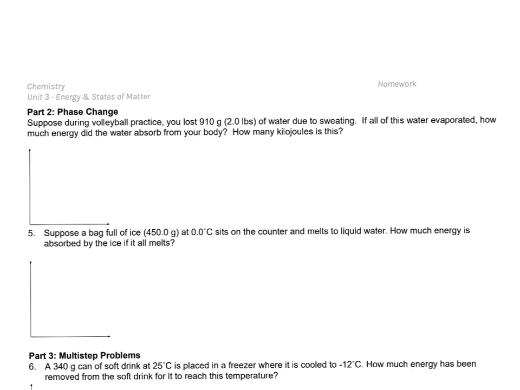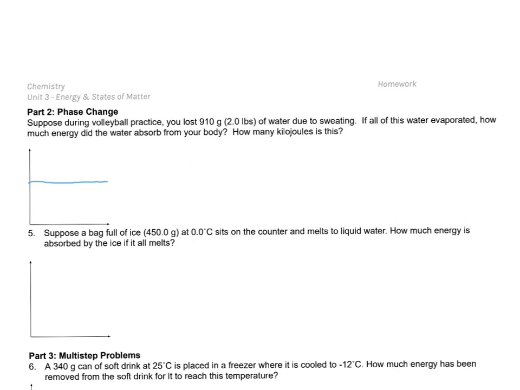Okay, so on the back in part 2, these are phase change problems. They're going to use our Q equals MH equation. And when we draw them, they will be a less exciting drawing because during a phase change, there's no temperature change. So you can just draw a straight line across. And the important thing to think about is which of the phase changes is this?